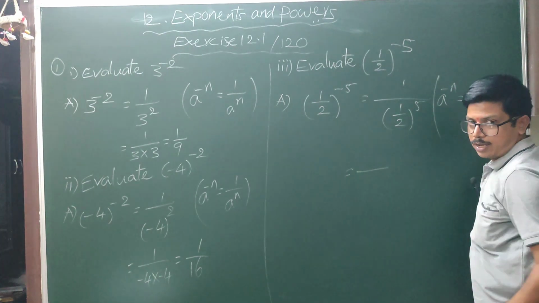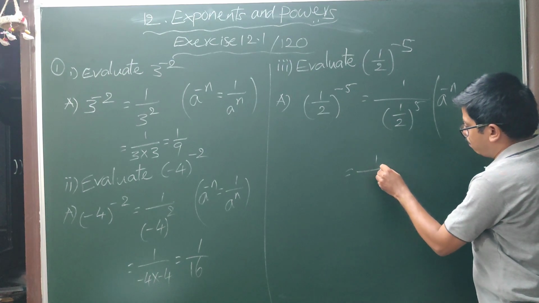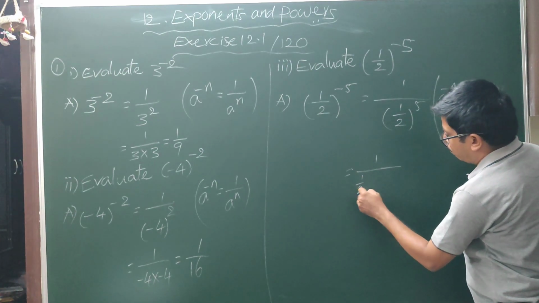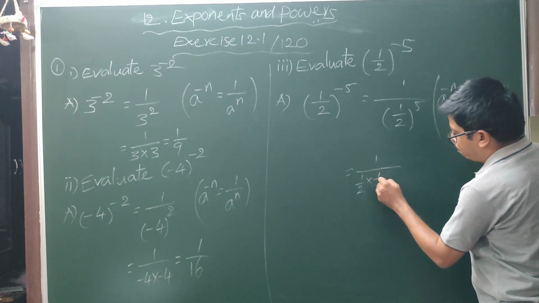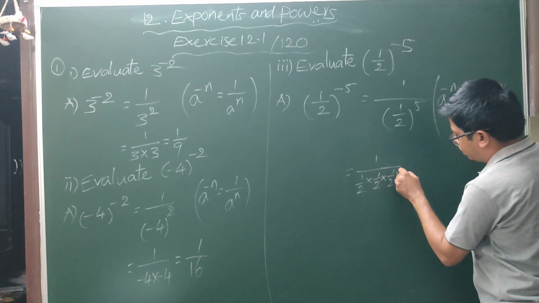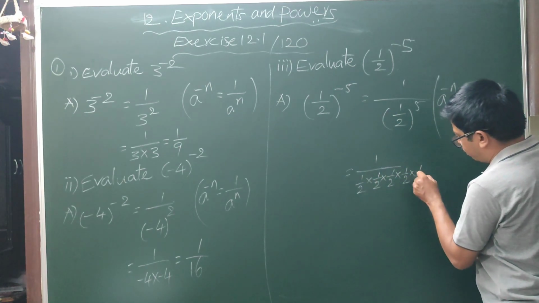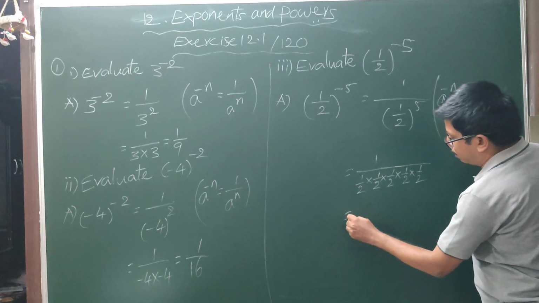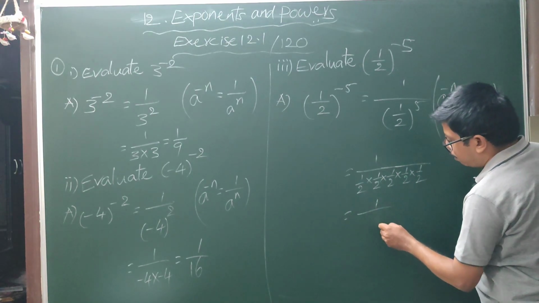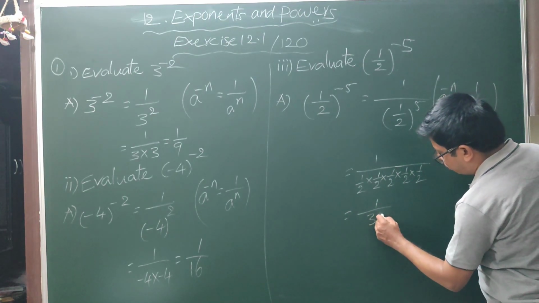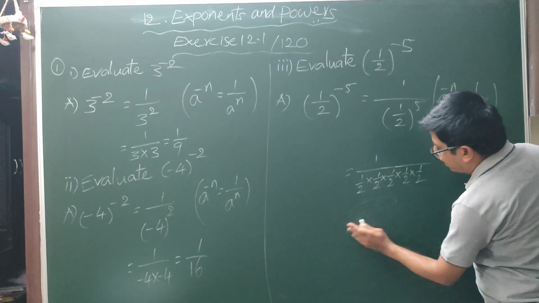Now you can write it as 1 by 2 into 1 by 2 into 1 by 2 into 1 by 2 into 1 by 2. For 5 times you will get it as 1 by 32.